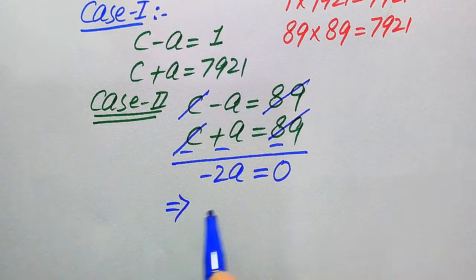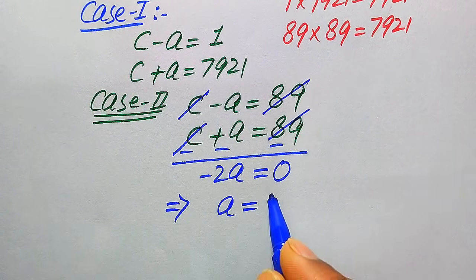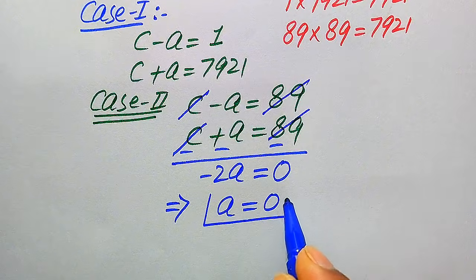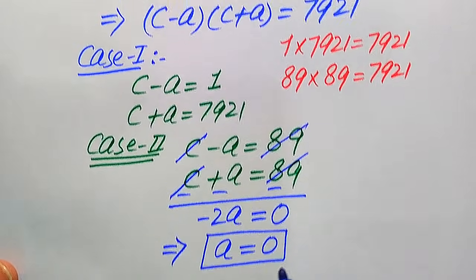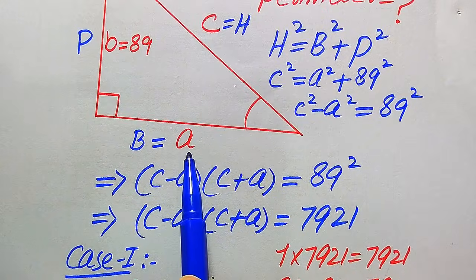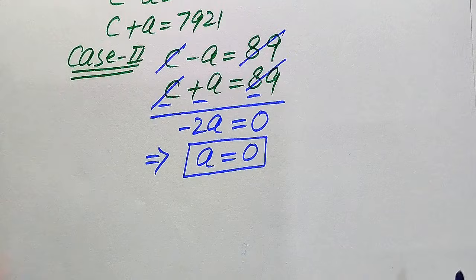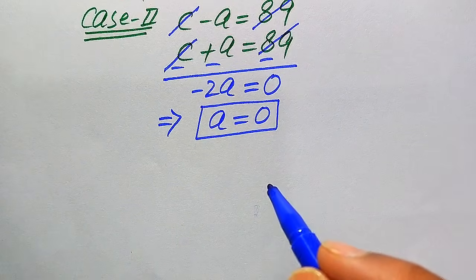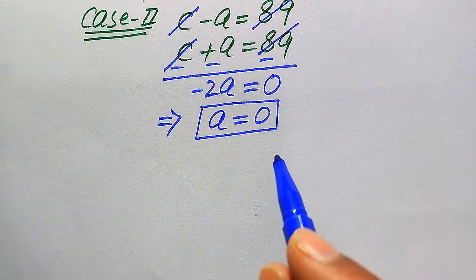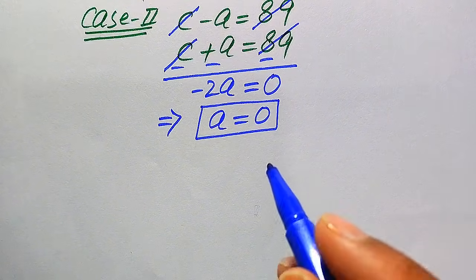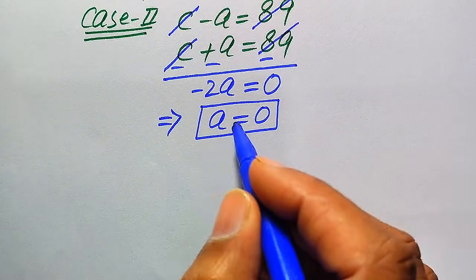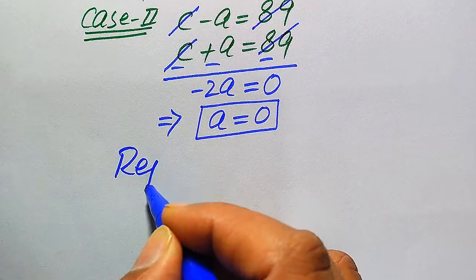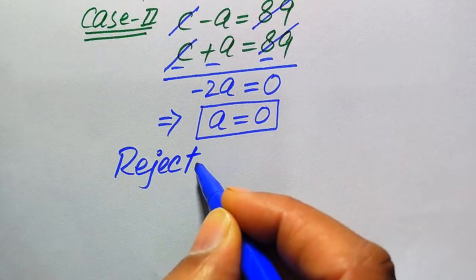So this implies that the value of a equals 0. This shows that the base of the triangle is 0, but it is not possible for any side to have length 0, because all side lengths are greater than 0. So this case is not possible, and we reject this case.